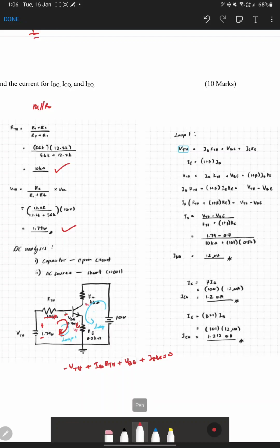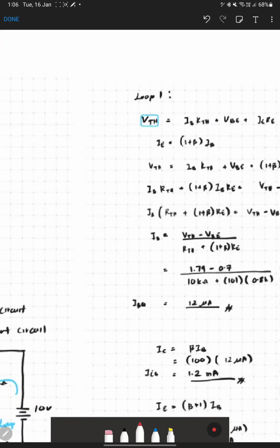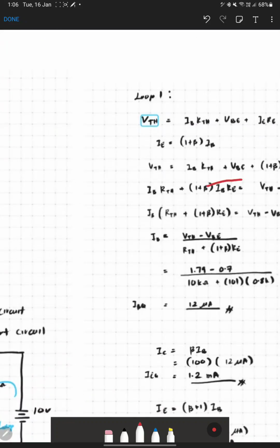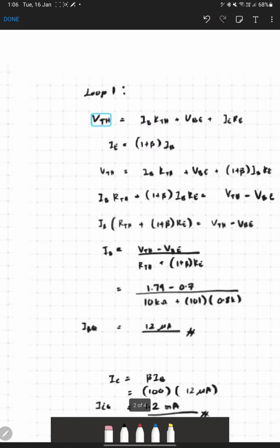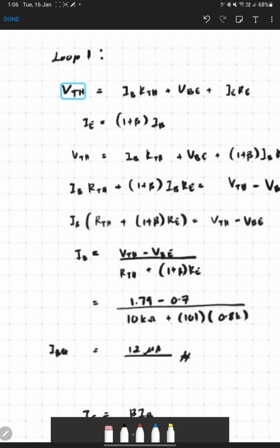We rearrange, bringing VTH to the right side: VTH equals IB RTH plus VBE plus IE RE. Since there are two unknowns, we need to replace IE with IB.